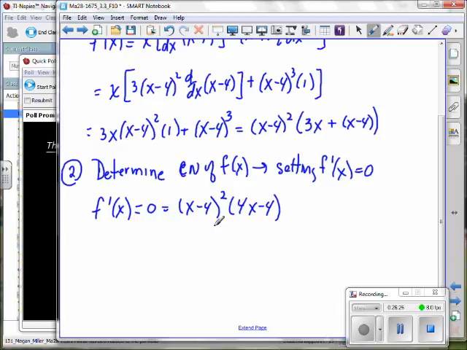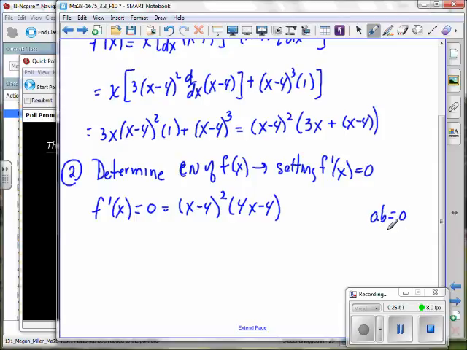Why is that important to put it in that format? What's so significant about rewriting this as a product as opposed to a sum? Yeah, and this is something you did back in Algebra 1, okay? In fact, you did this back in elementary school.